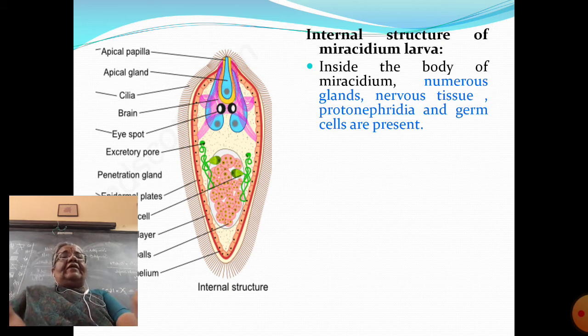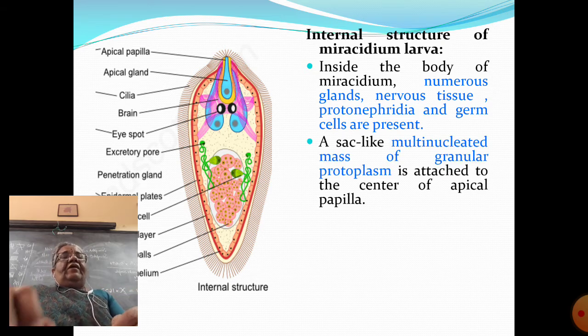Alright. Then you find a sac-like multinucleated mass of glandular protoplasm attached to the center of the apical papilla. You can see in the diagram, right below the apical papilla you find a sac-like structure. It is a multinucleated mass.